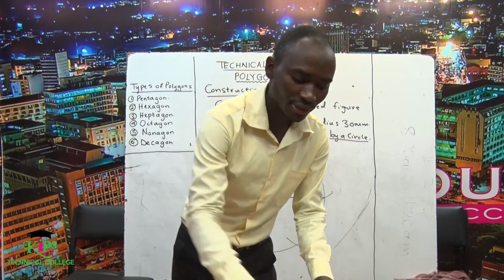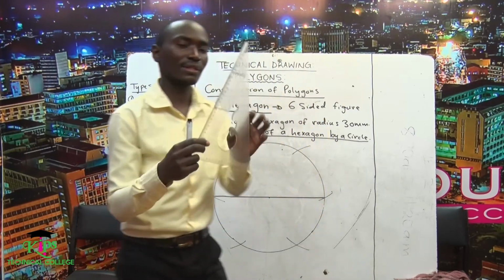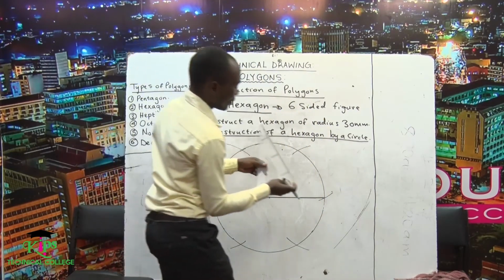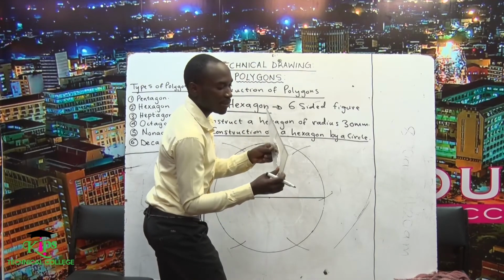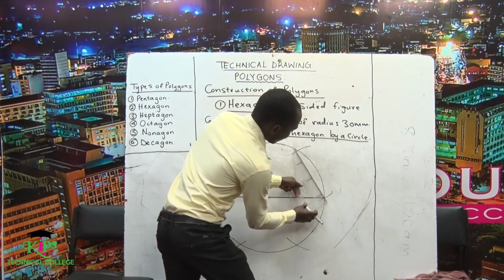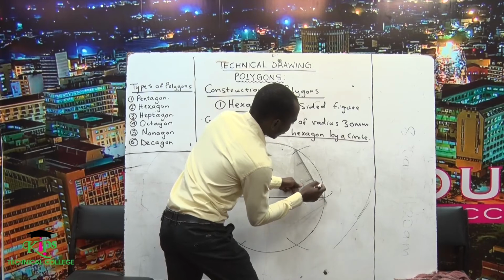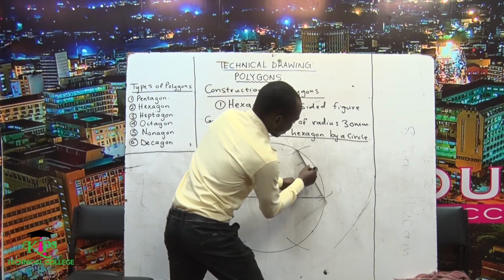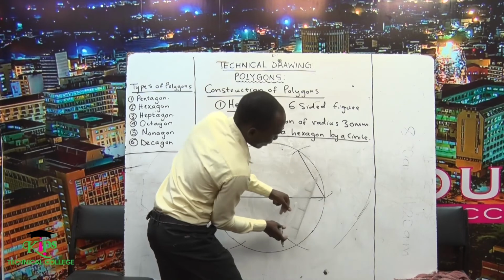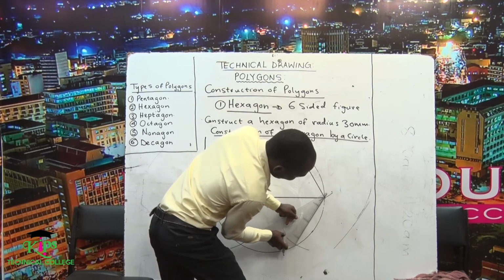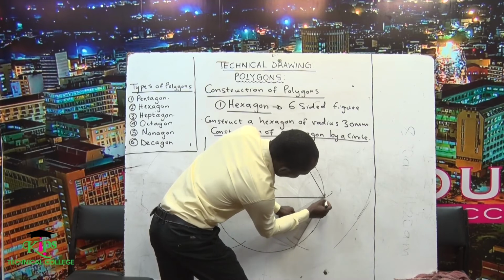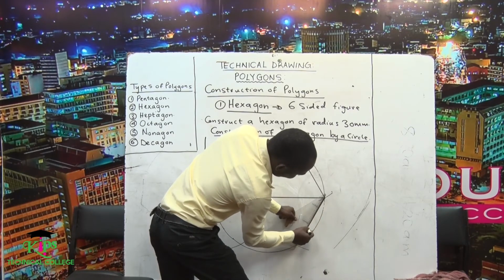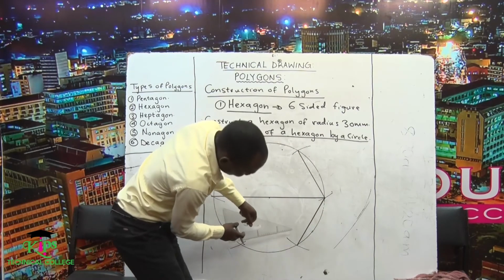Now I should take up my ruler like this, then join those points. So I will join this mark up to this other mark. I will again join this one to this one.